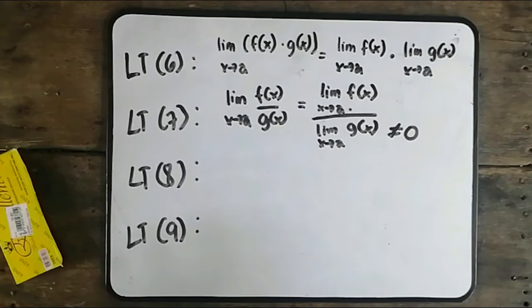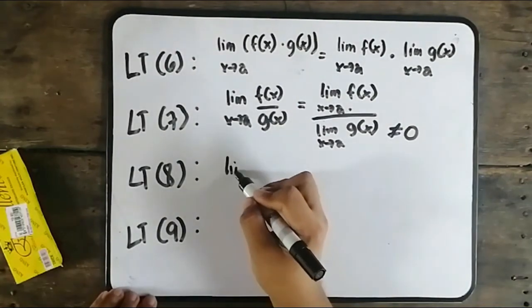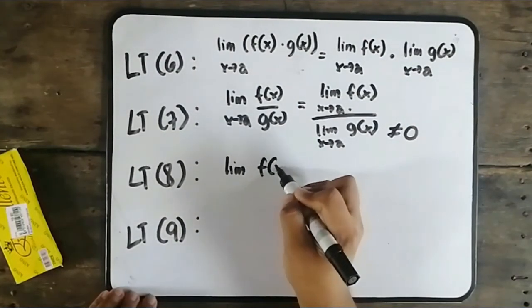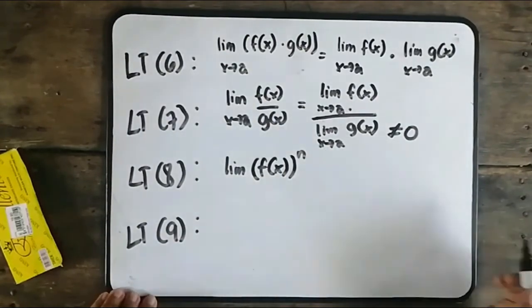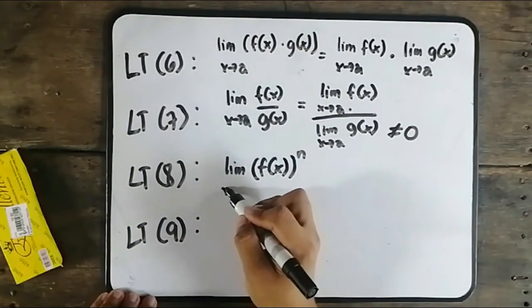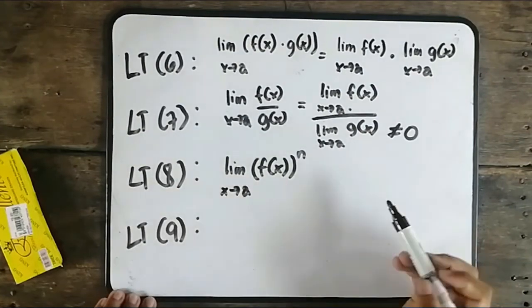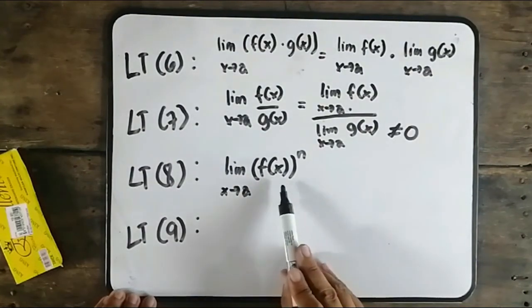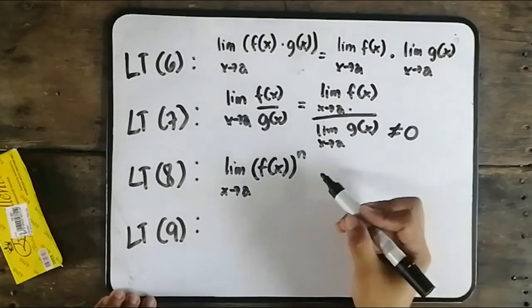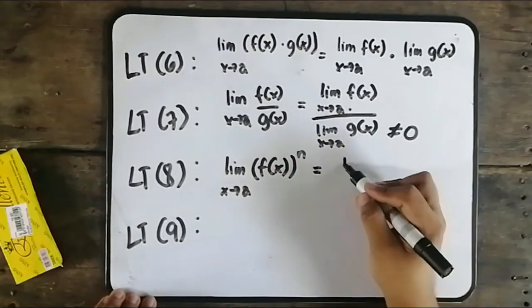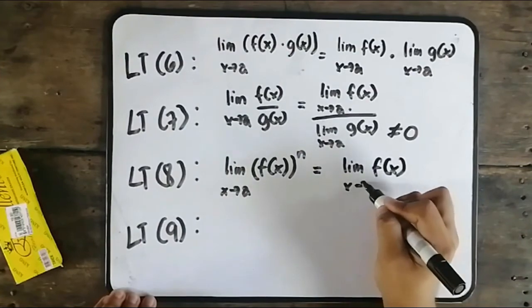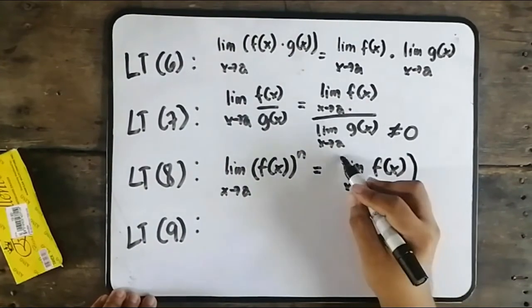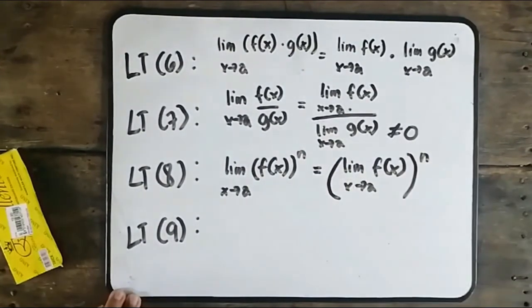Limit theorem number 8, pag meron tayong function na ni-raise sa isang integer at kinukuha natin yung limit, pwede natin actually kunin yung limit ng function na yon and then saka natin i-raise doon sa integer na yon.